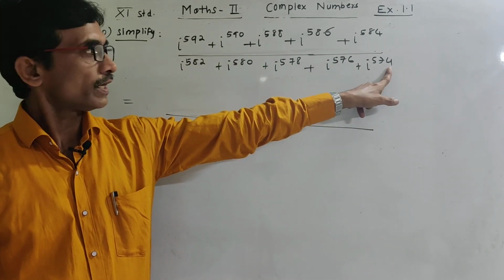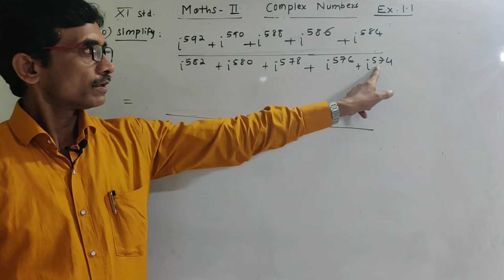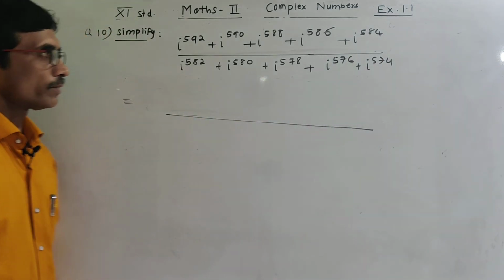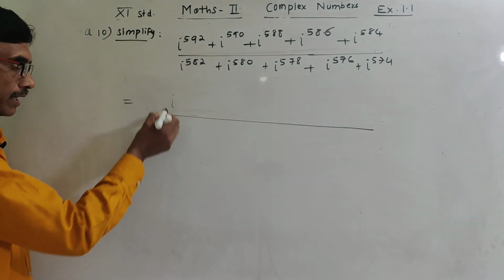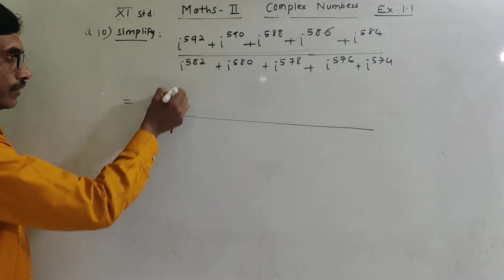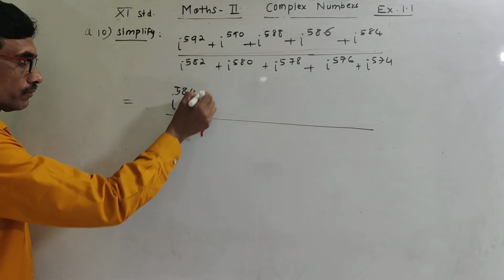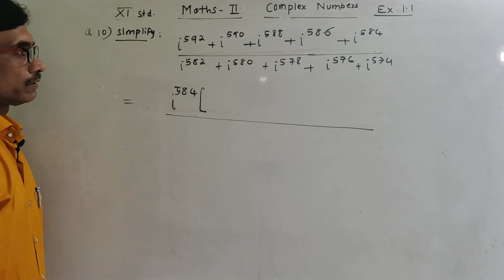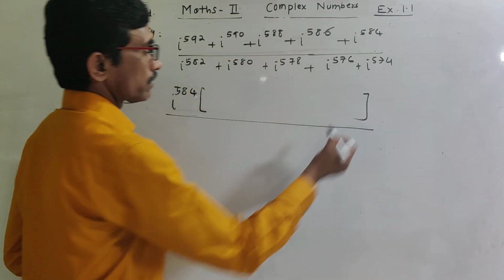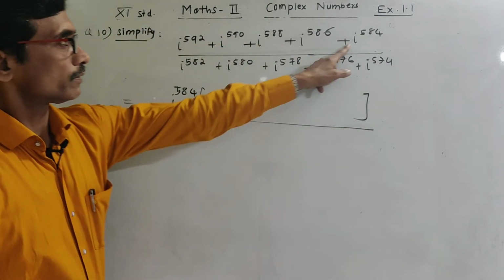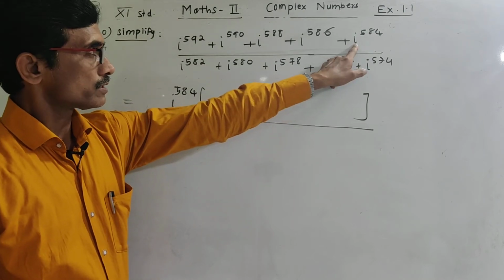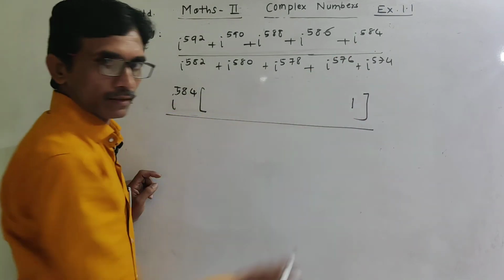So i raised to power 574 is the minimum, so that power we take common. In the numerator we take common i raised to power 584. There are a total of 5 terms. The first term, after taking common, is 1.